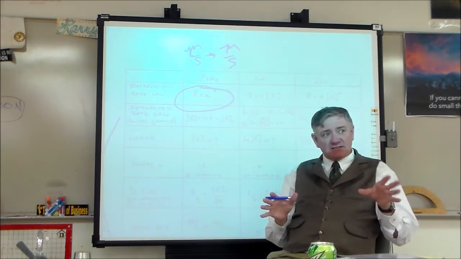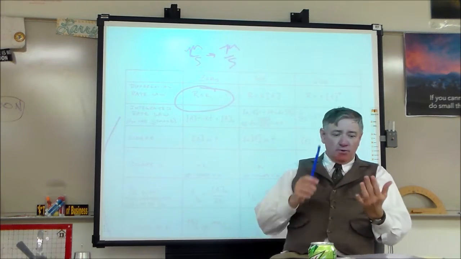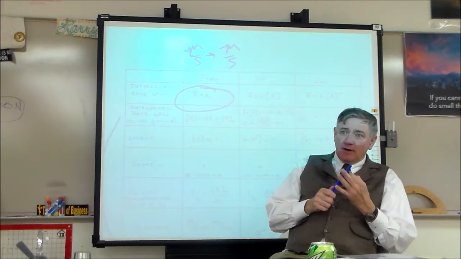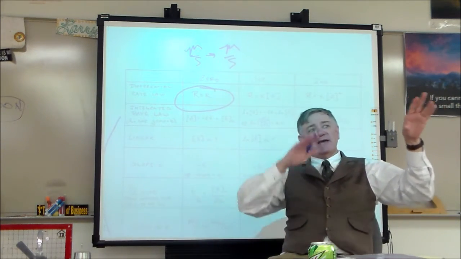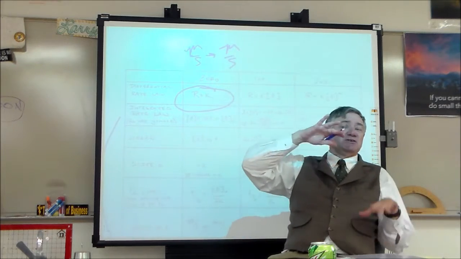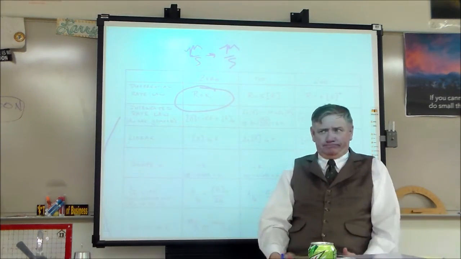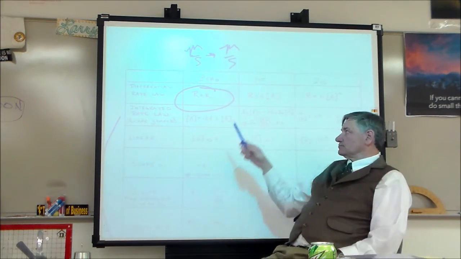Everything has to fit together. No matter how I view the units of k, whether it's the rate law, the integrated rate law, or a graph, I can't have one system of equations saying k has these units, and another saying no, k has these units. Well, which one do I trust? I don't know. Flip a coin. No, everything has to work together.